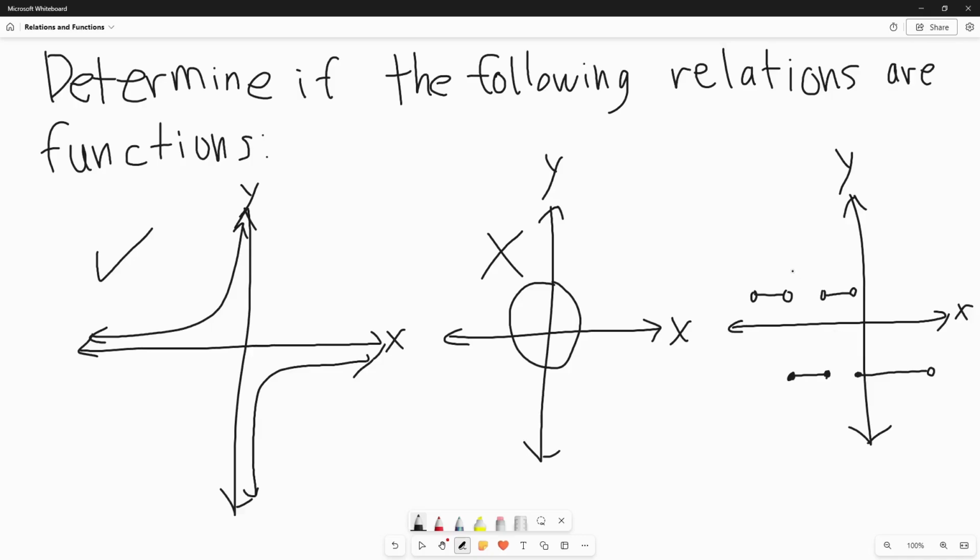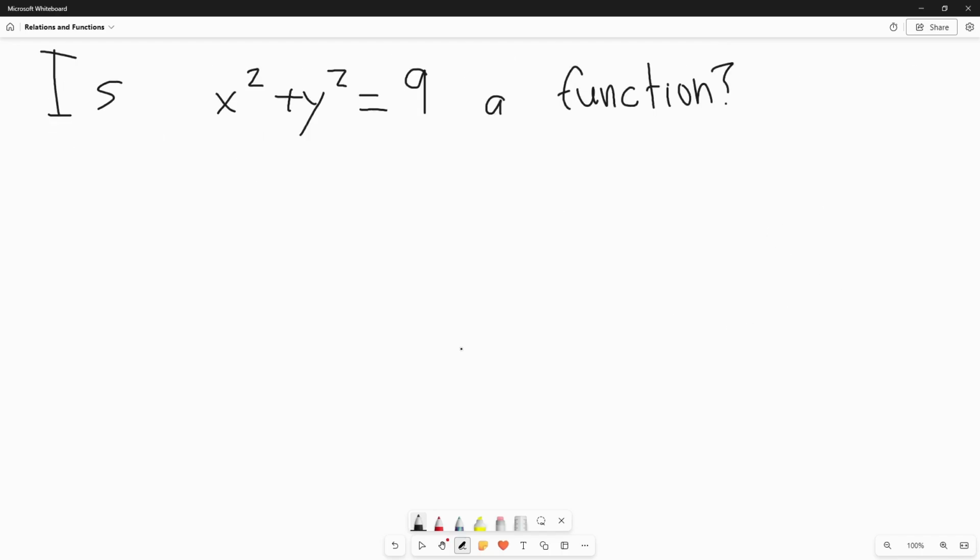The only places where they get close is here to here, here to here, and here to here. Everywhere else it is obvious that it passes the vertical line test. If we notice, each of these has a filled in circle and an empty circle, which means that only one place actually exists. The other place is not actually a point, so all these pass the vertical line test, which means that this is also a function.